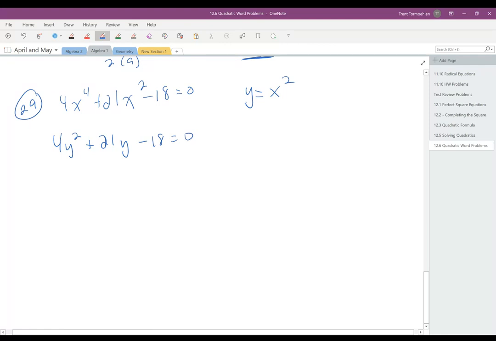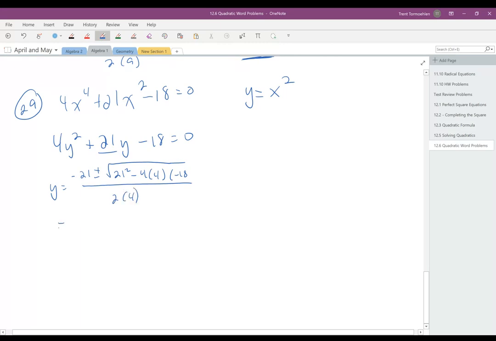So now let's do the quadratic formula. y is going to equal negative 21 plus or minus the square root of 21 squared minus 4 times a, which is 4, times negative 18, which is c, all over 2 times 4.